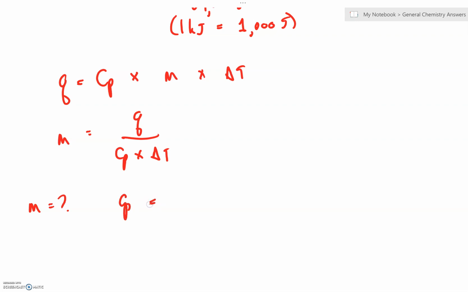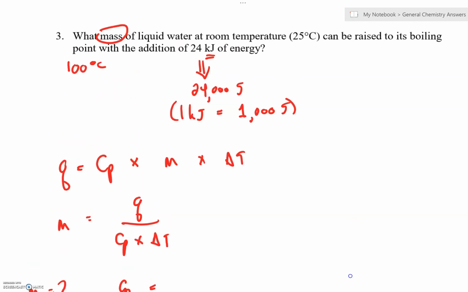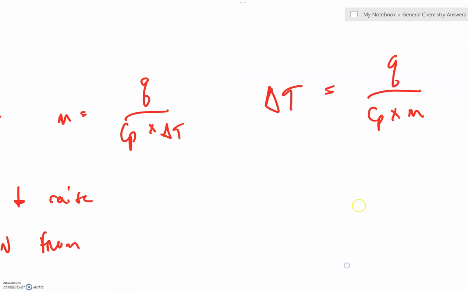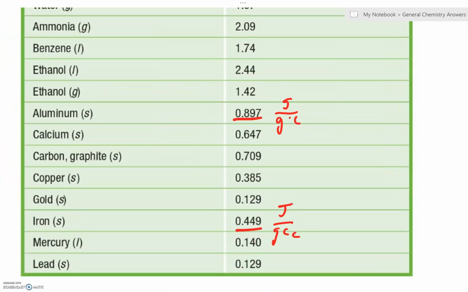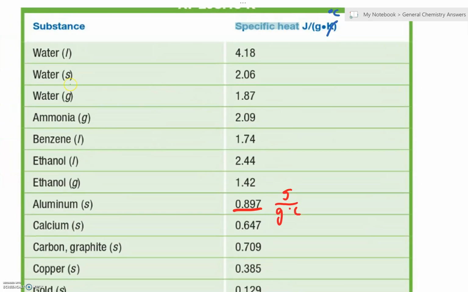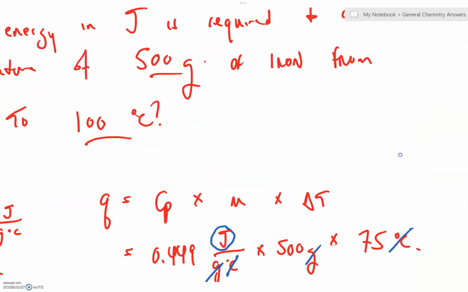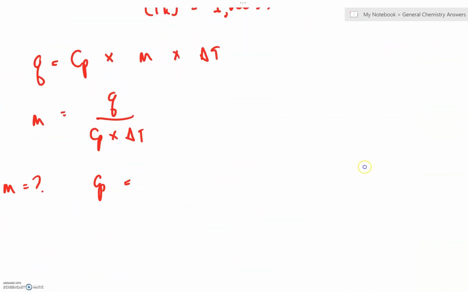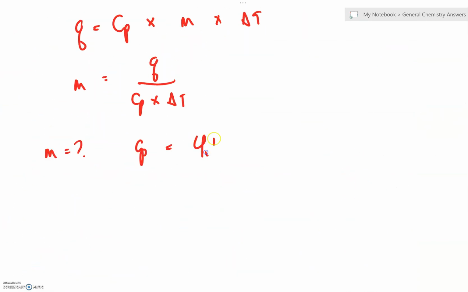Specific heat is something that we're given. This is liquid water right here, liquid water. And so here in our table tells us right off the bat, oh, look at that. Water's got a couple of different versions. We want the liquid one, 4.18 joules per gram degrees Celsius. So there's our specific heat, 4.18 joules per gram degrees Celsius.